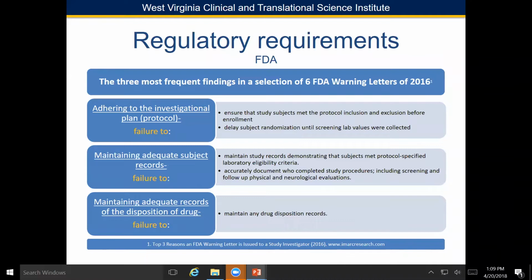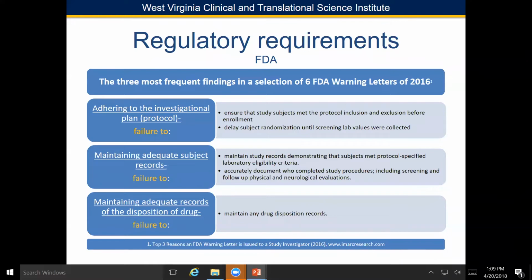The second category was for maintaining adequate subject records. There was a failure to maintain study records demonstrating that subjects met protocol-specified laboratory eligibility criteria, and also a failure to accurately document who completed study procedures, including screening and follow-up physical and neurological evaluations.